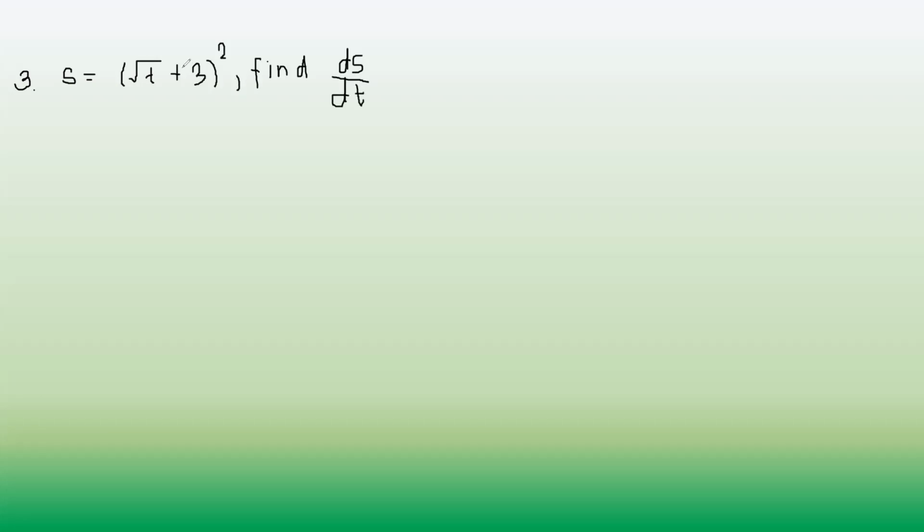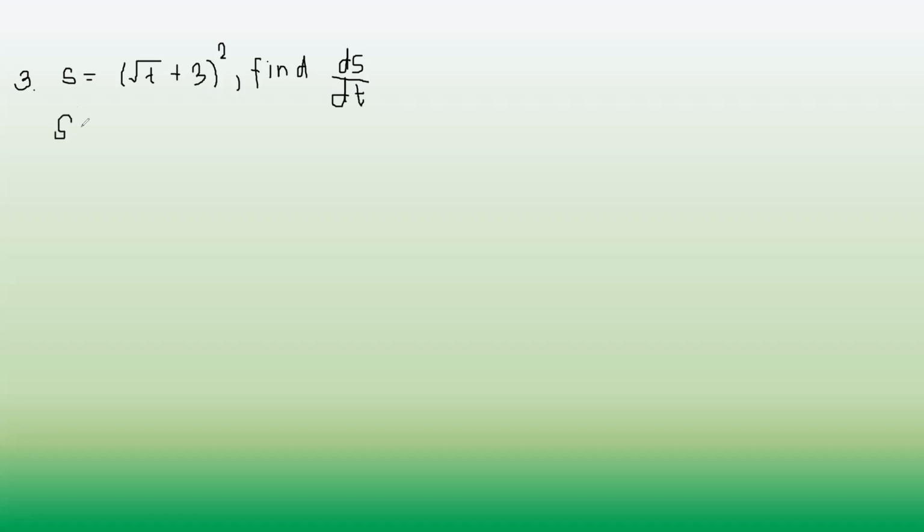Okay. Again, kagaya nung number 2, so hindi pa siya pwedeng i-differentiate kasi wala pa naman tayo sa tinatawag na general power formula. Doon muna tayo sa expansion ulit. Okay. Expand natin.